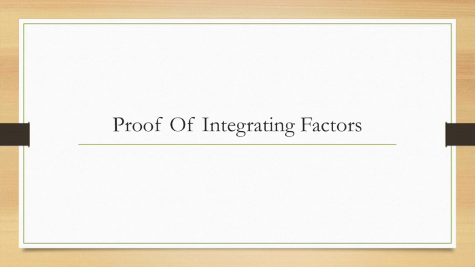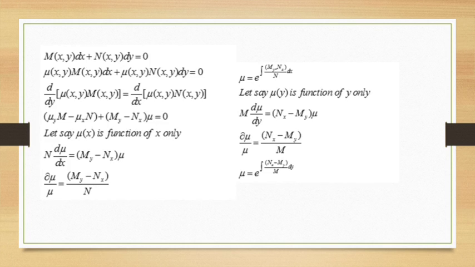Proof of integrating factors. First, we multiply the equation M(x,y) dx plus N(x,y) dy equal to 0 by mu of x,y. Then we get mu of x,y M(x,y) dx plus mu of x,y N(x,y) dy equal to 0. Then we take the differentiation.